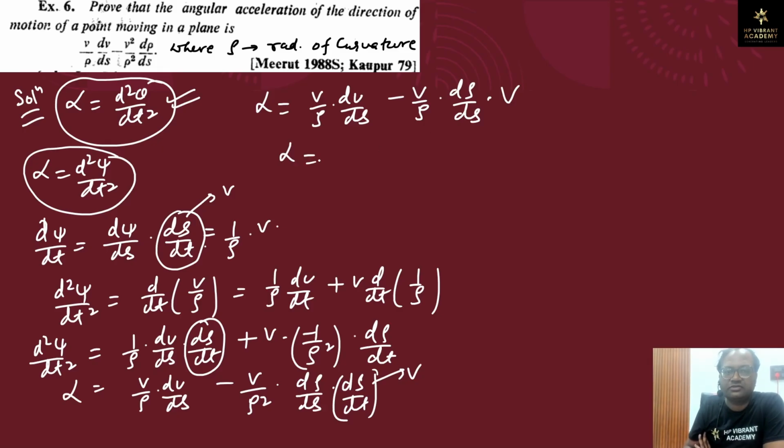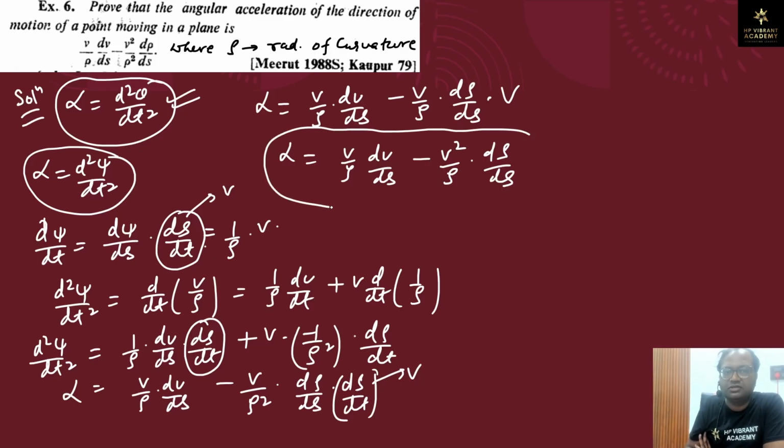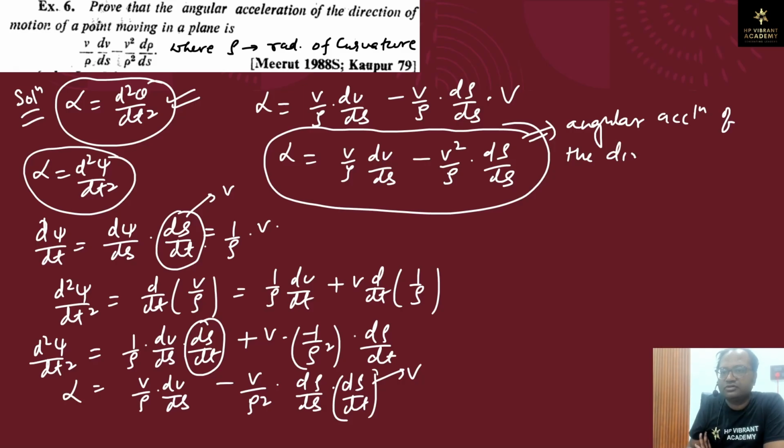We have alpha equal to v upon rho dv upon ds minus v square upon rho into d rho upon ds. So this is the angular acceleration of the direction of motion of a point moving in a plane.